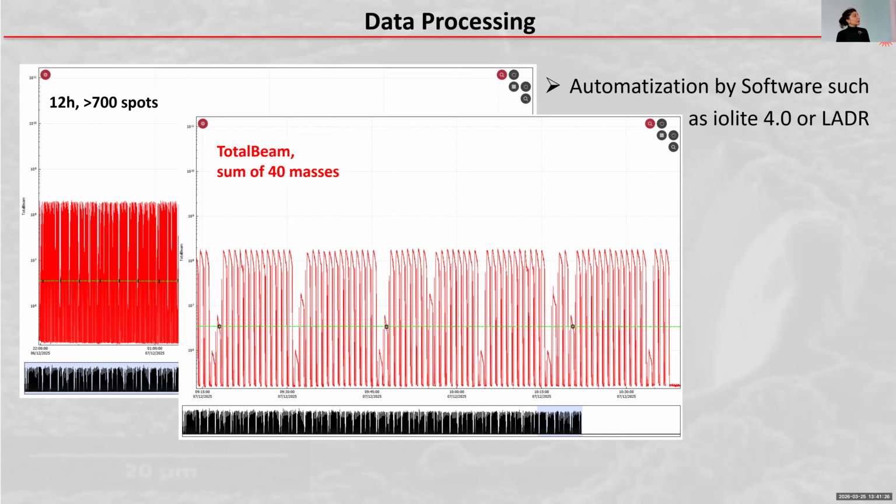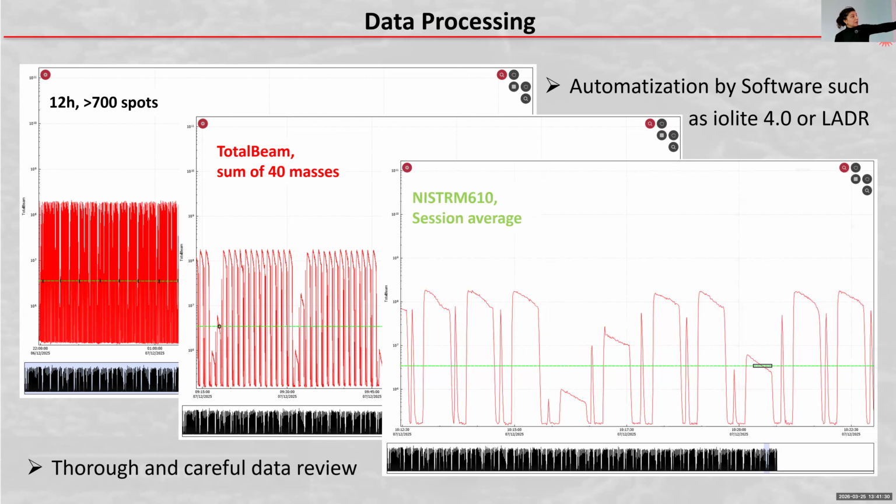It's actually quite good. And the green line is the average of the reference standard NIST 610 over the course of the whole session of these 12 hours. And you can see it's extremely stable. That's exactly what you want for your primary standard and for accurate results.